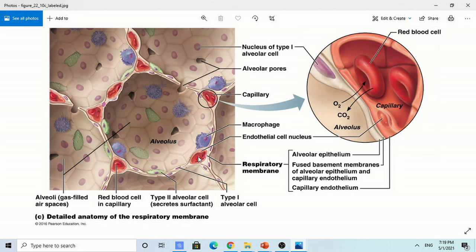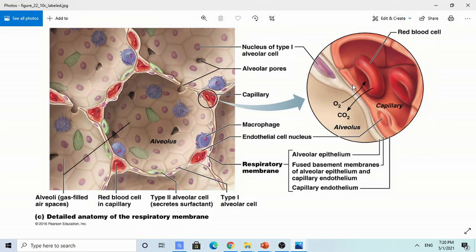The purpose of this blood coming here is to release carbon dioxide into the alveoli and pick up oxygen. This is the border between the capillary and the alveolus, as you can see here.